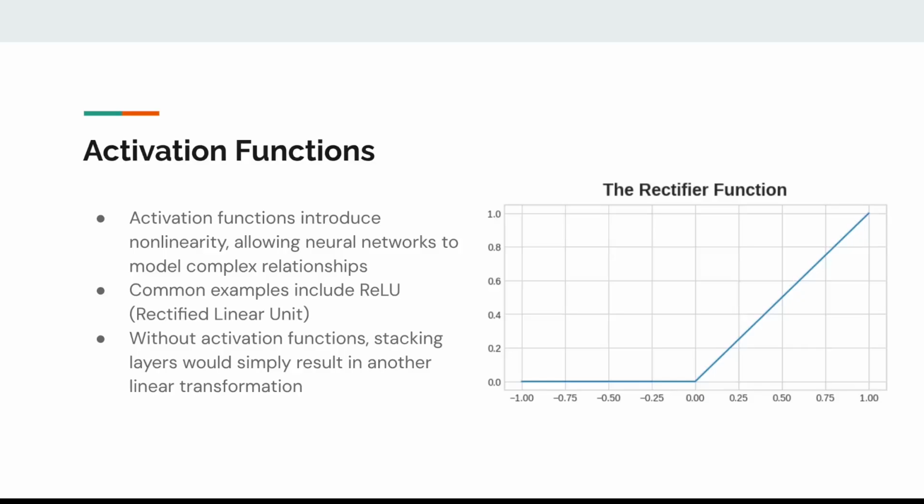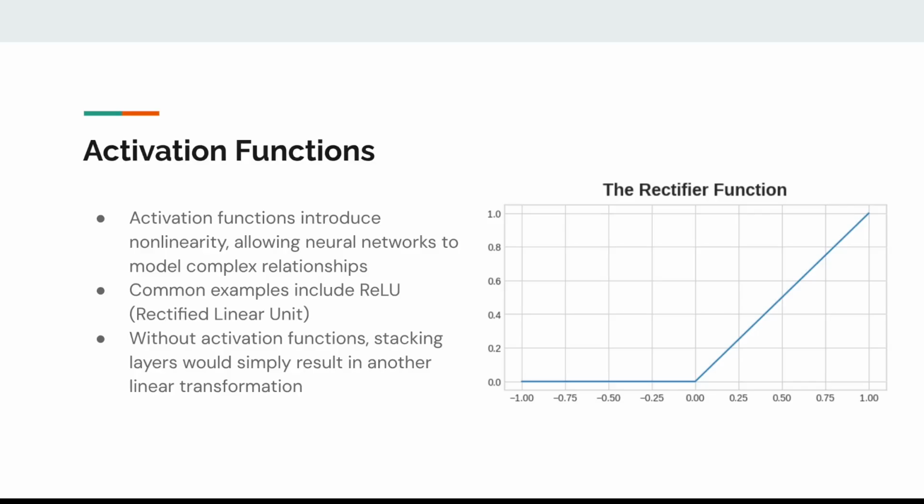Now, so far, our neural network is just a bunch of mathematical equations. But to make it more powerful, we need something called an activation function. An activation function helps the network make better decisions by adding non-linearity. This means that instead of just doing basic math, the network can learn complex patterns.